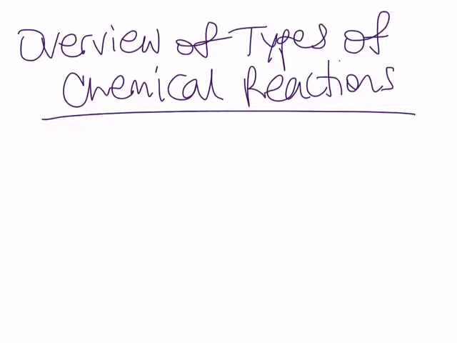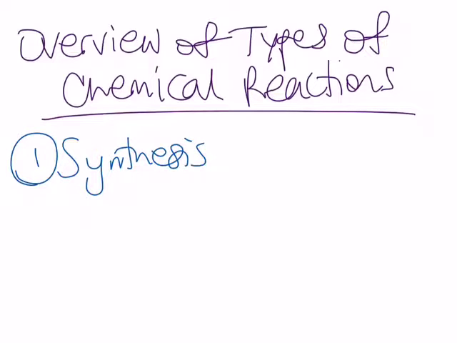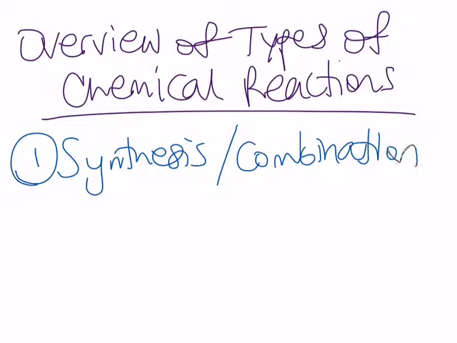So the first type of chemical reaction that we'll look at is called a synthesis reaction. Now you can also call it a combination reaction, whichever you prefer. But based on their names, you can sort of figure out what they look like. You are going to be combining two or more simple, smaller substances to synthesize one more complex substance.